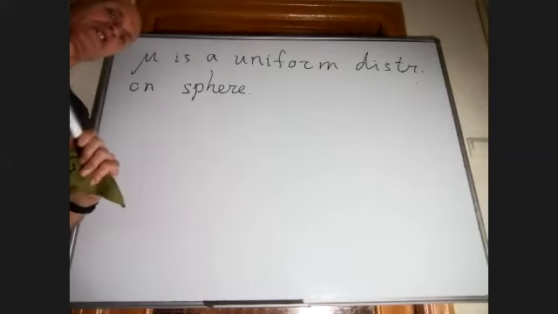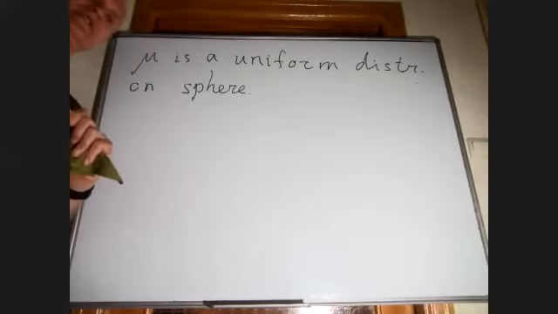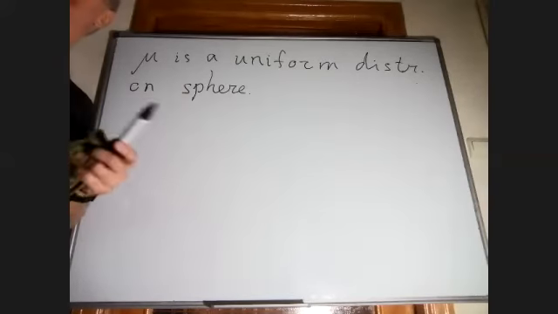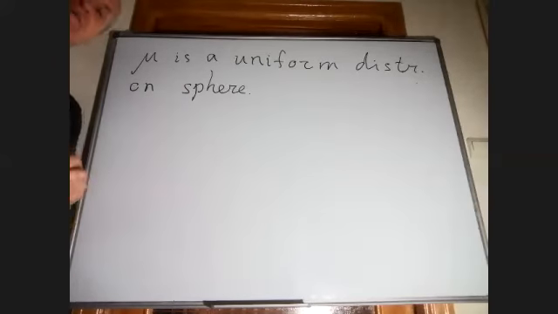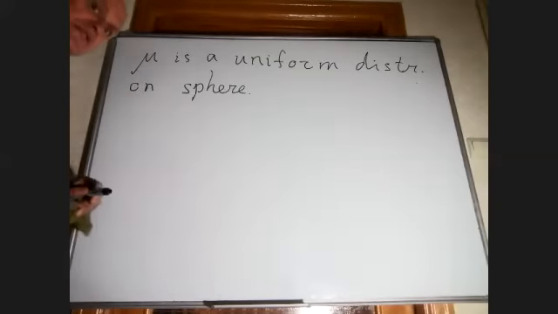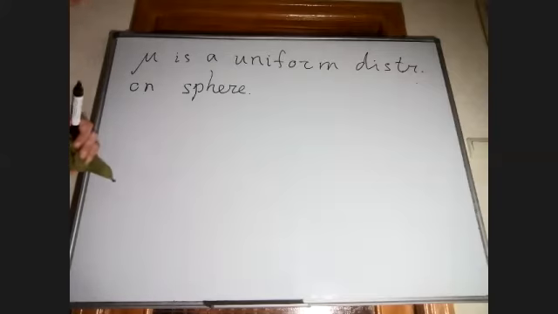But you have to prove this statement. One of the possible proofs is just to use characteristic functions. It is very easy, but you have to check this. So we understand that now we have a uniform distribution on the sphere.